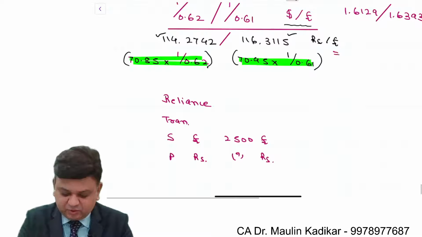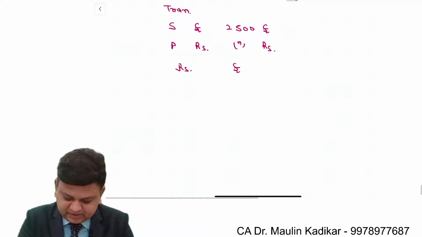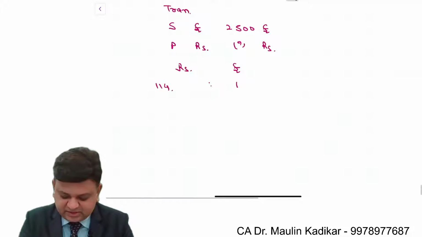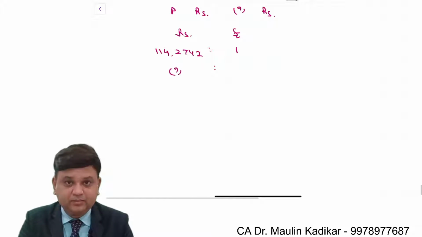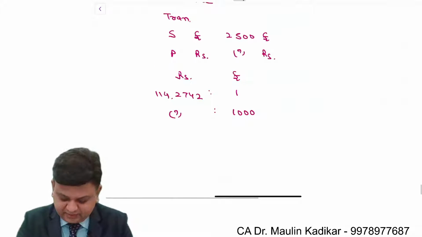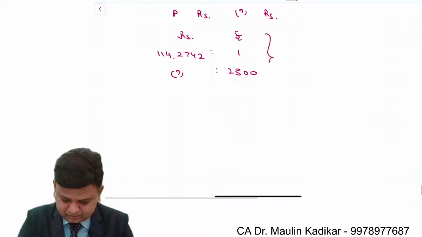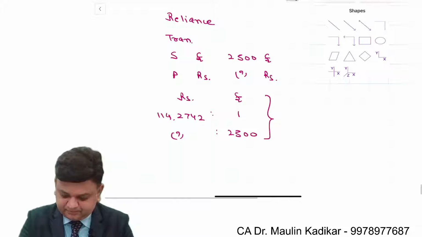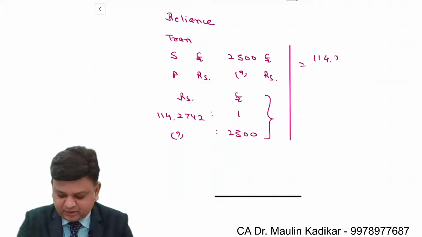For conversion of the pound into rupees, you will get a lesser amount of rupees. So for every 1 pound you will receive 114.2742 rupees. So this is the amount for 1 pound; now for 2,500 pounds it is 114.2742 into 2,500 divided by 1.